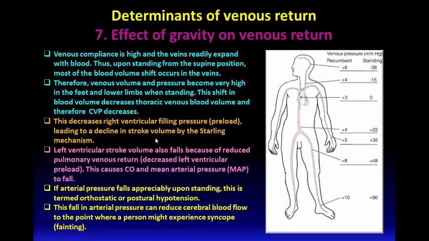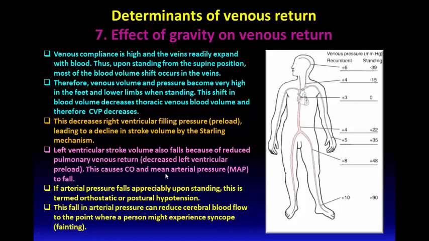Left ventricular stroke volume also falls as a result of the reduced pulmonary venous return, because the left ventricular preload is decreased, and as a result the left ventricular cardiac output and the mean arterial blood pressure fall.